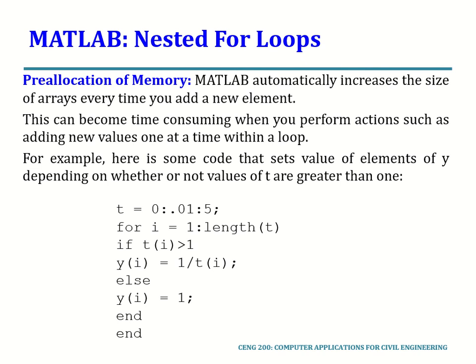If t of i, meaning the ith element of t, is greater than 1, then y should be 1 upon t. If it is less than 1, then y should be 1. In this example, every time the loop runs, each element will be added to y one by one. With each loop, y will increase by a size of 1.